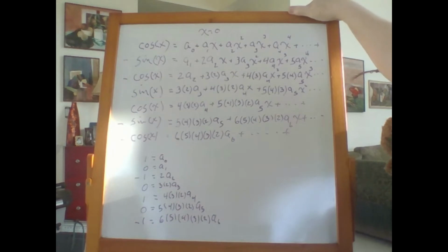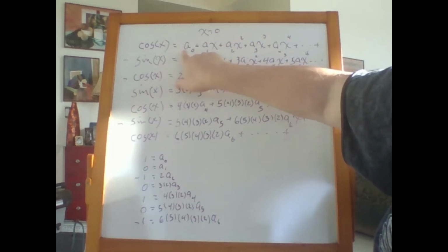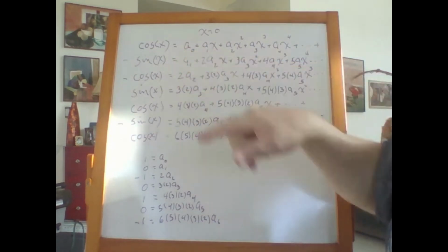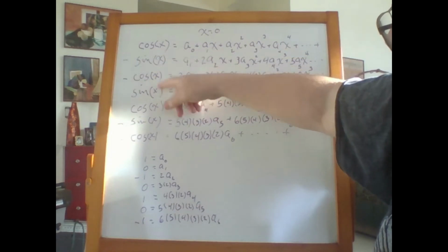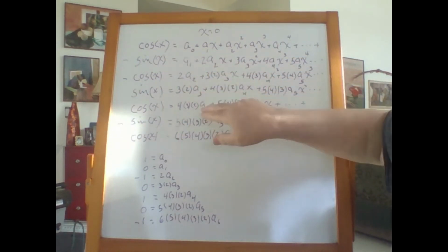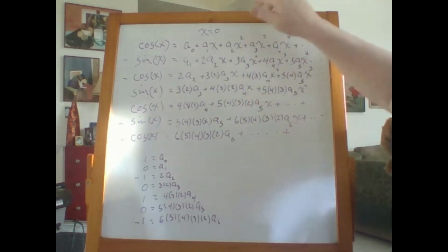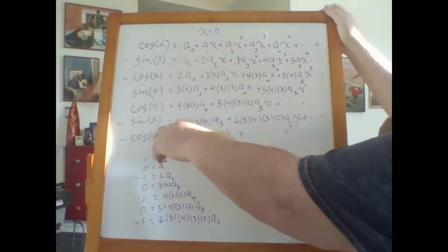But I don't know what the coefficients are for that polynomial, so I just assigned dummy coefficients, and then I'm going to solve for them. So I kept taking derivatives to isolate each of the individual coefficients, A5, A6, A4, 3, 2.